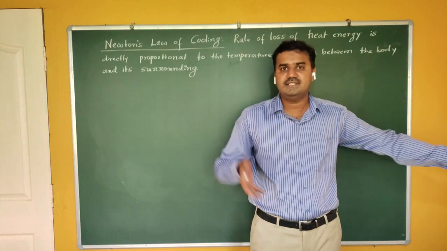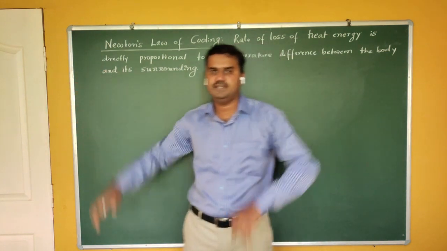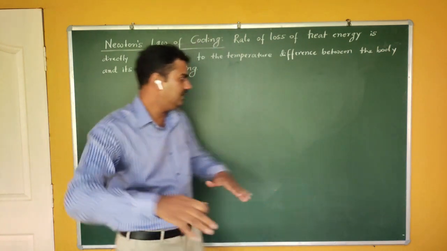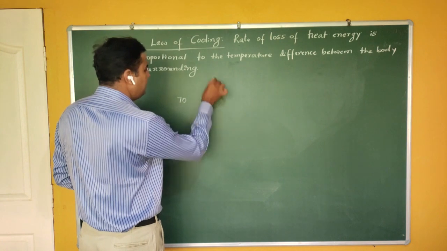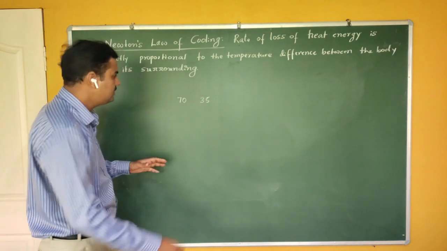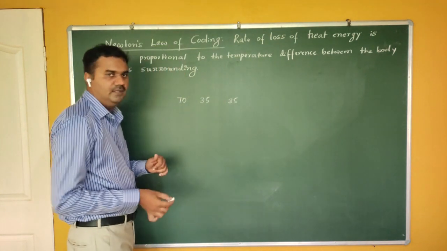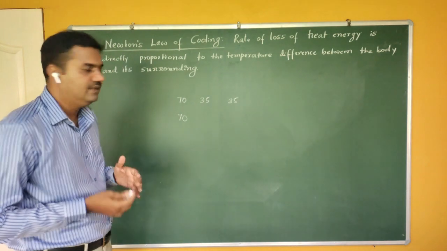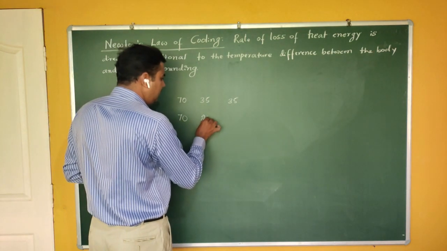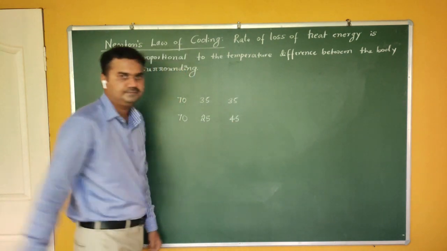The reason is, in the summer season the surrounding temperature is around 35 degrees centigrade. You heated the water to some 70 degrees centigrade, so the temperature difference is around 35 degrees centigrade. But in winter, again you heated your water to 70 degrees centigrade, and your surrounding temperature is something like 25 degrees centigrade, and the temperature difference is 45.